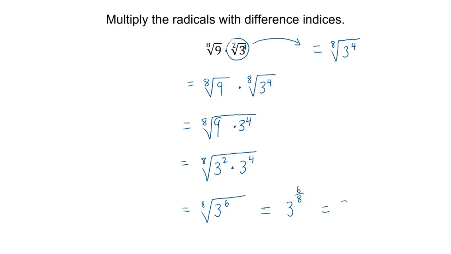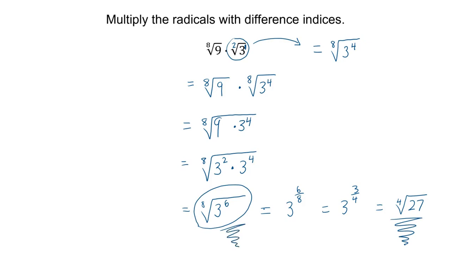So let's reduce 6/8 to 3/4 because 6/8 and 3/4 are the same thing. So now we have 3 raised to the 3/4 power, and if we convert that back into radical form, that's the 4th root of 3 cubed. And of course, 3 cubed is 27. And the 4th root of 27 is the same thing as the 8th root of 3 to the 6th. This is the simplified form, whereas this is not.